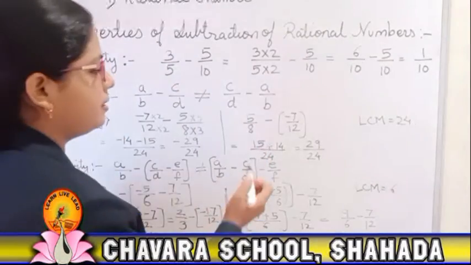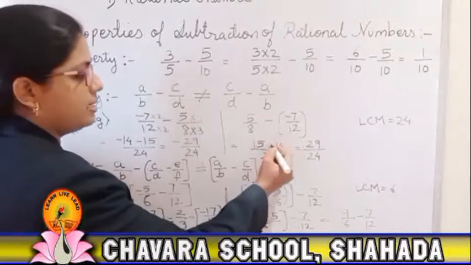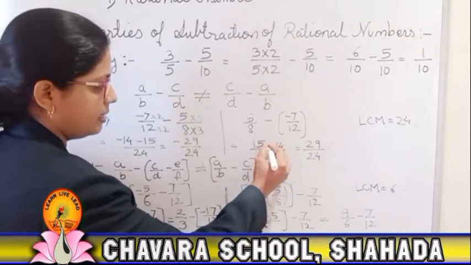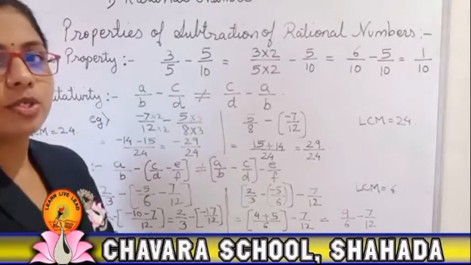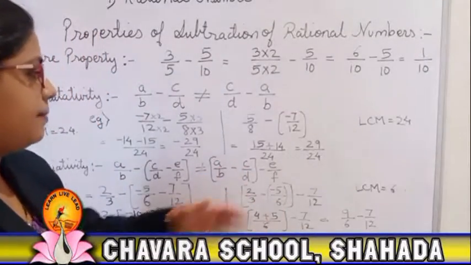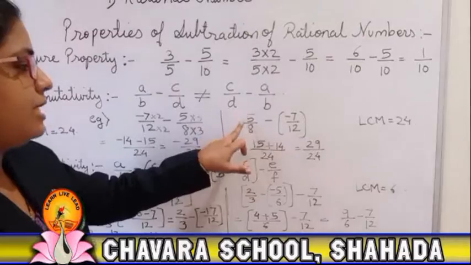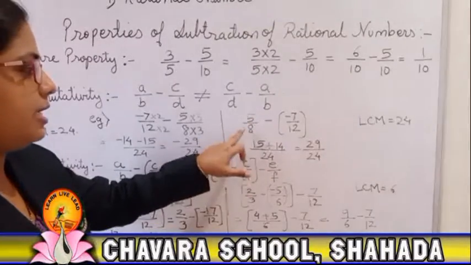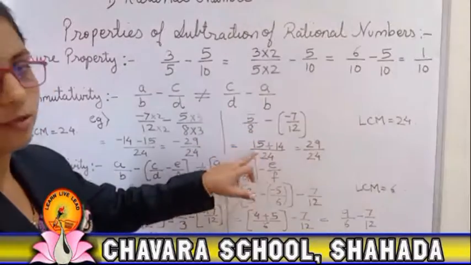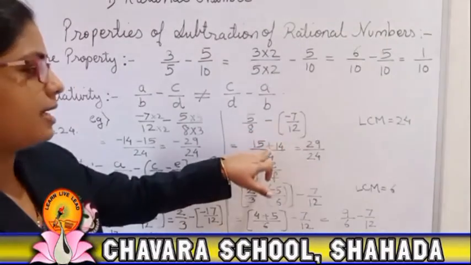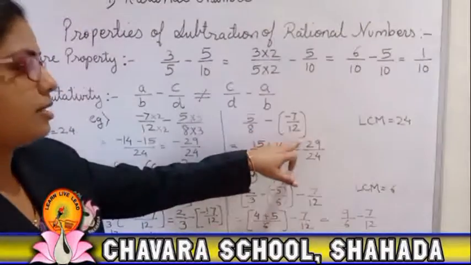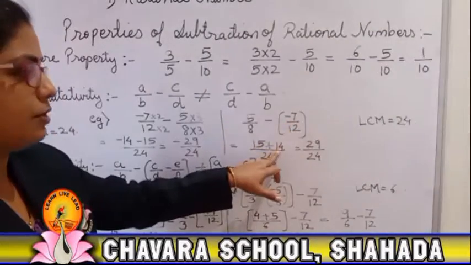You can see here that we have found the LCM, and according to that we will solve the example. Here 5 multiplied by 3 we get 15, and 8 multiplied by 3 we get 24. Minus minus will be plus, that is why I have written plus. 12 twos are 24 and 7 twos are 14.